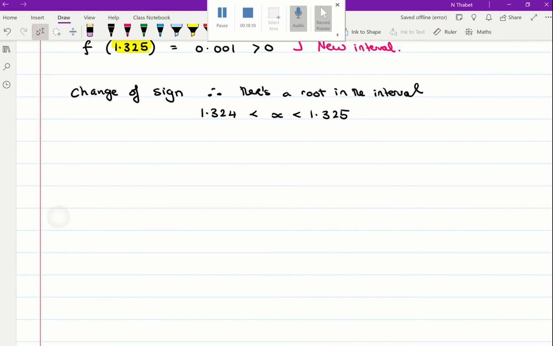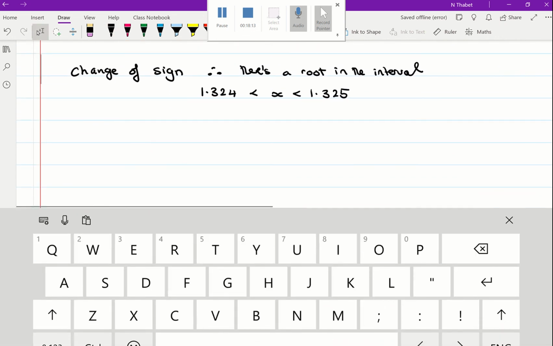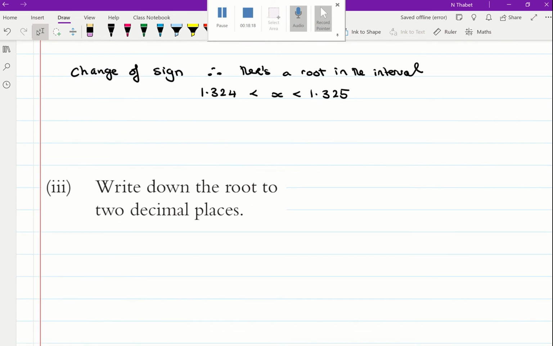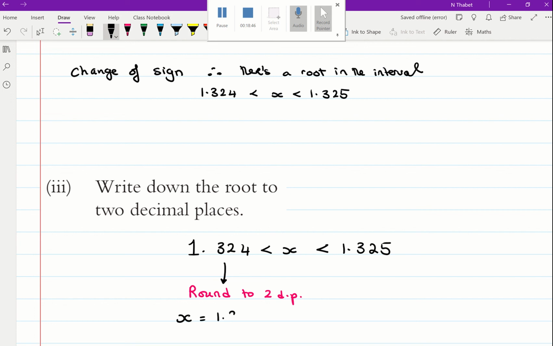And finally, if I bring the question up a bit, it says write down the root to 2 decimal places. So here's my interval. If I round to 2 decimal places, I'm going to have x is 1.32.